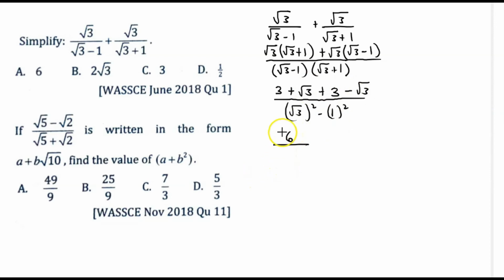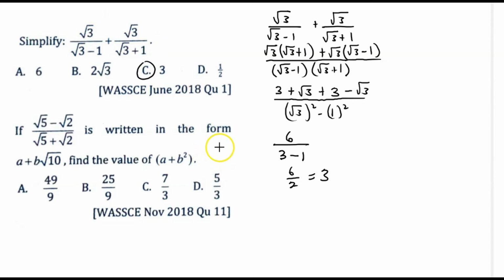And then considering the denominator, root 3 all squared will give us an answer of 3 minus 1. So we have 6 over 2, which is a final answer of 3. So when you simplify this question here, the answer is 3.